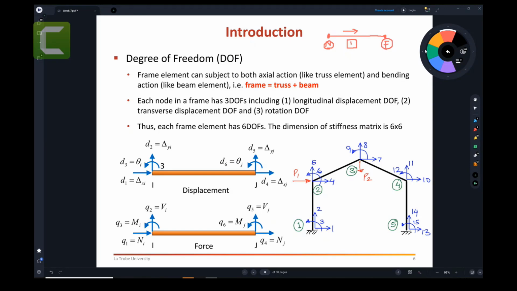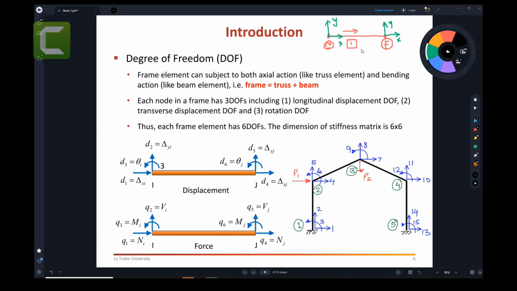For that week, if you remember, we had 2 degrees of freedom per node: the x displacement degree of freedom and the y displacement degree of freedom, meaning this point can go left and right, or up and down. Similarly, the other point has an x degree of freedom and a y degree of freedom.